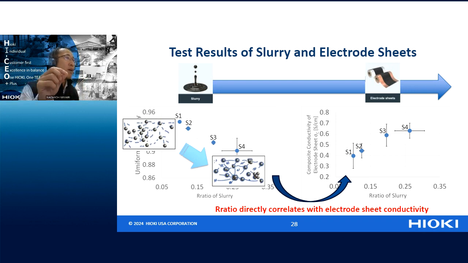And if the slurry's impedance is also not uniform, if uniformity is low, probably heat generation is seen in some areas of the slurry more.